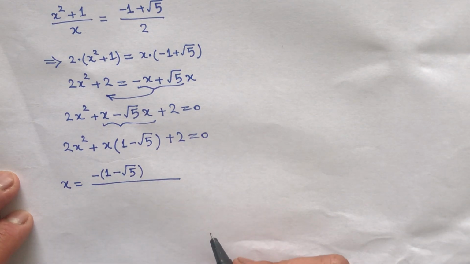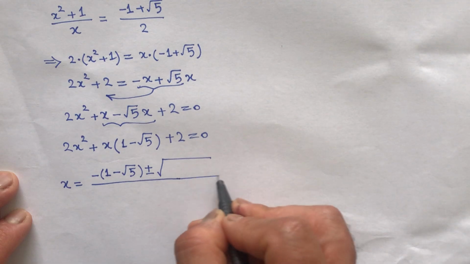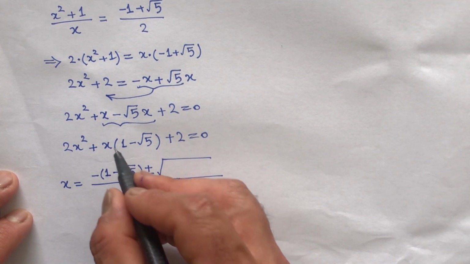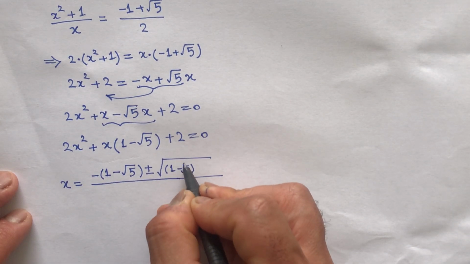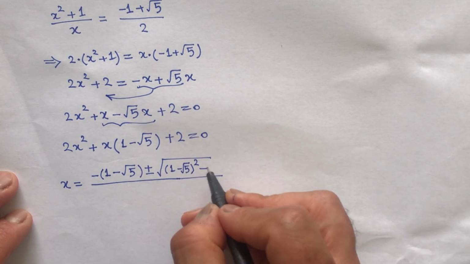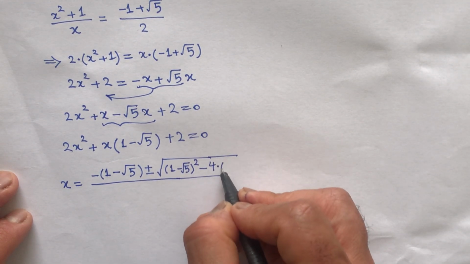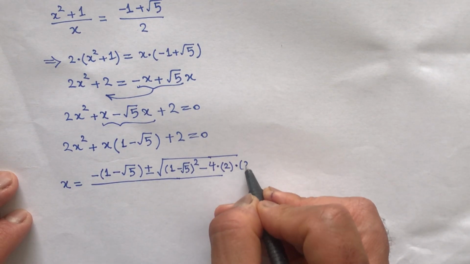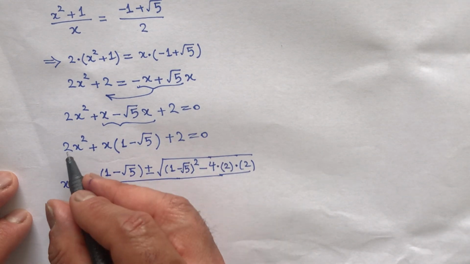I will negate both terms, plus minus square root of b squared, so this will be a square, minus 4 times a is 2 times c is 2, over 2 times 2.